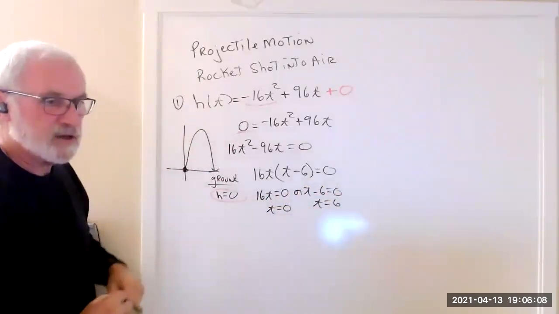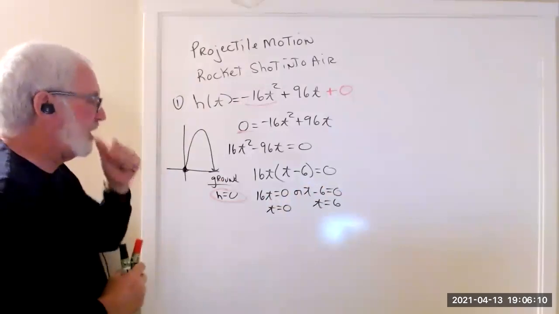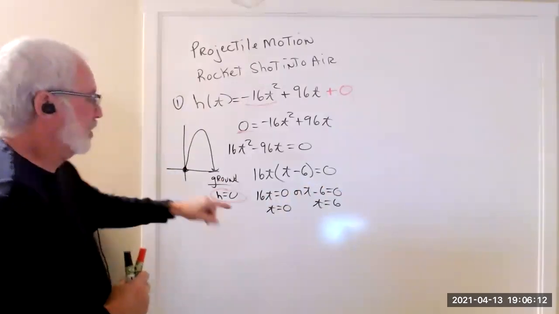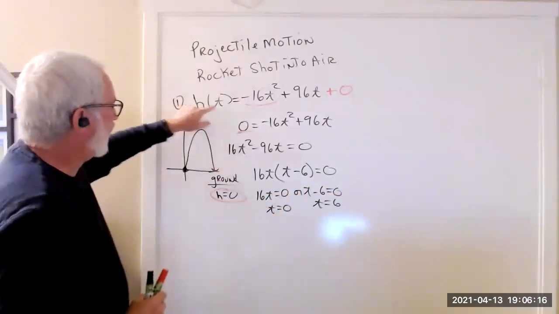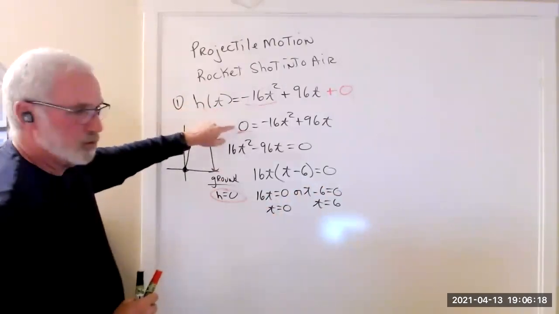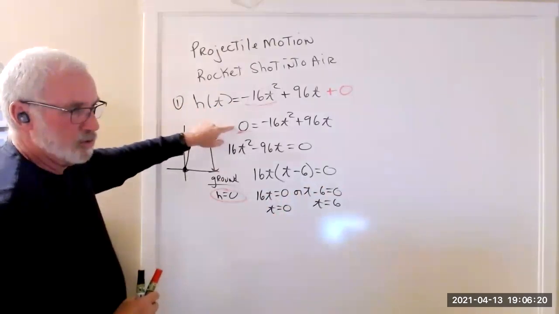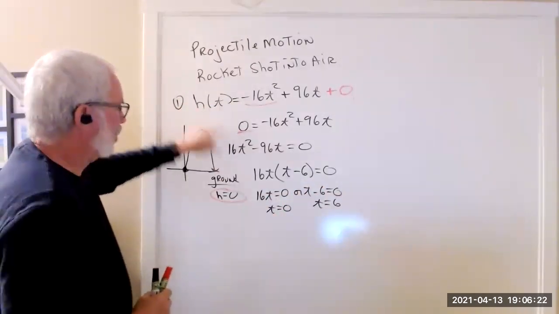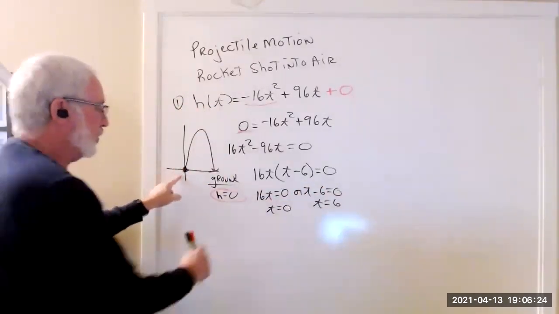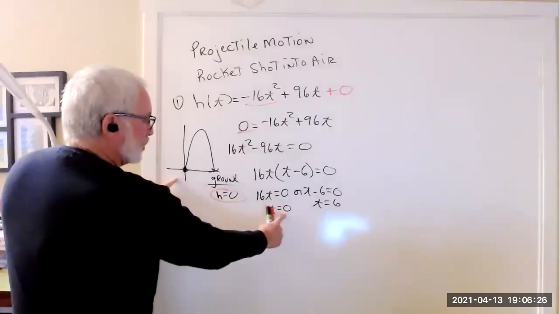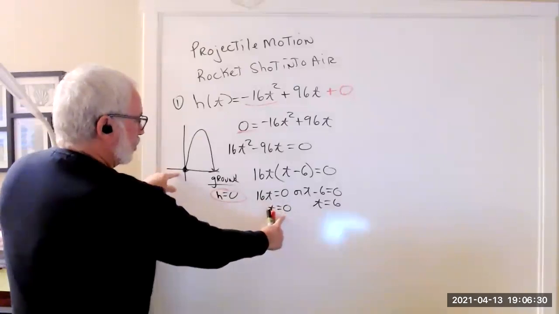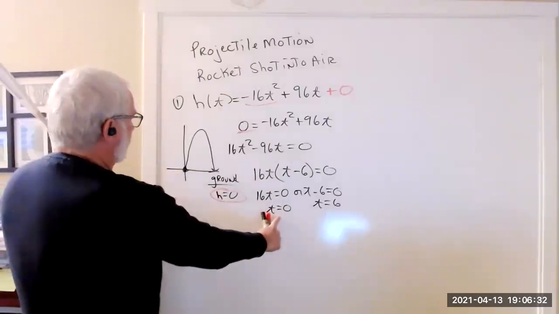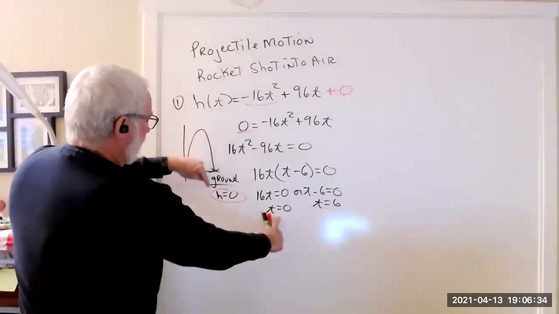So we need to take these apart and think about what they mean. We got these two answers when we said the height is 0. When time is 0, height was 0. It was on the ground. And then it went up and came back down.